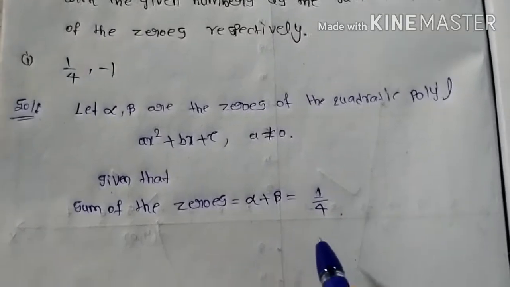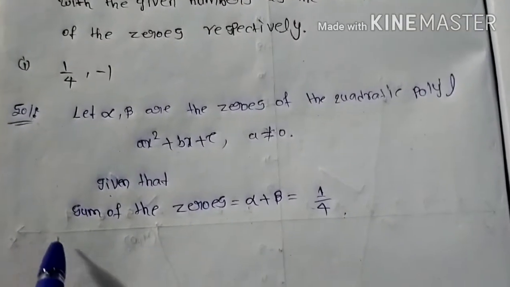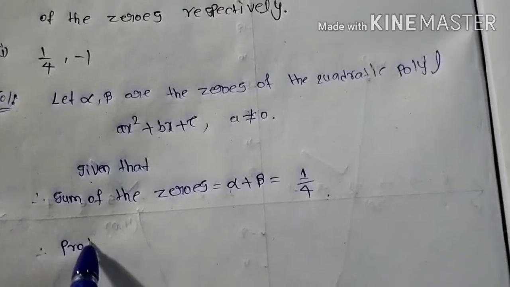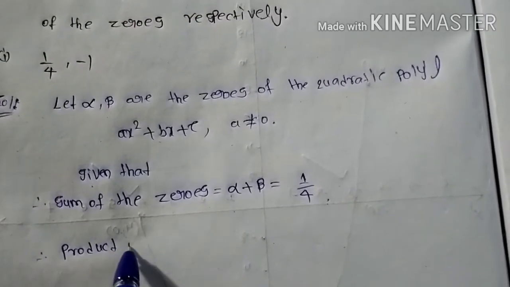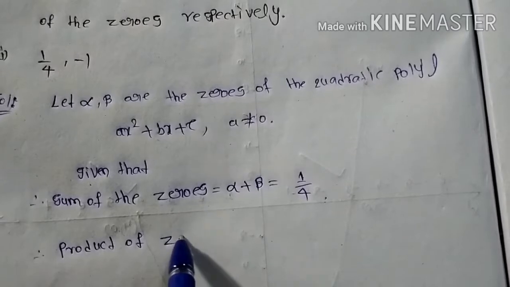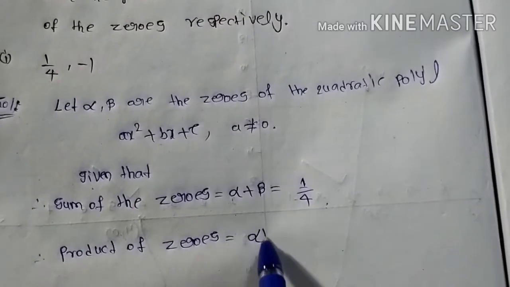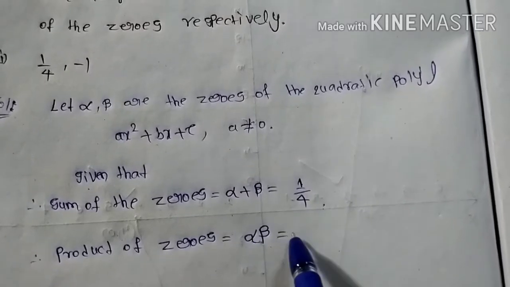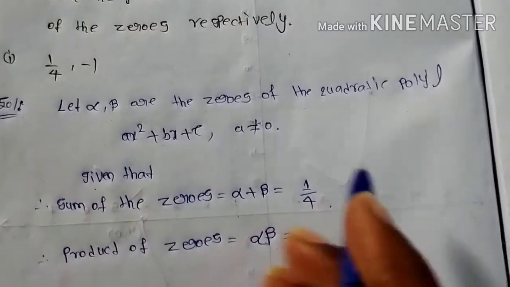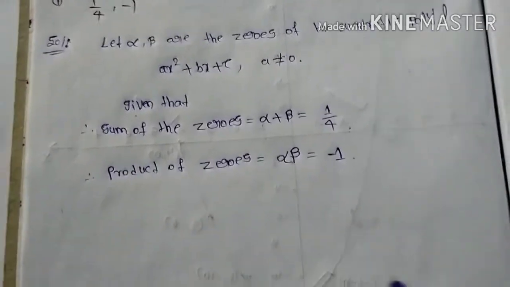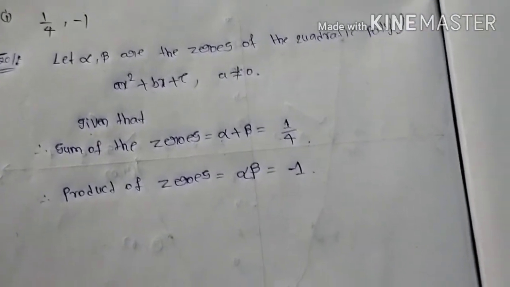Alpha plus beta is equal to how much? 1 by 4. In the similar way, you need to find the product of zeros. That means alpha into beta is equal to how much? -1. You can write here -1. Now you need to write the quadratic polynomial.